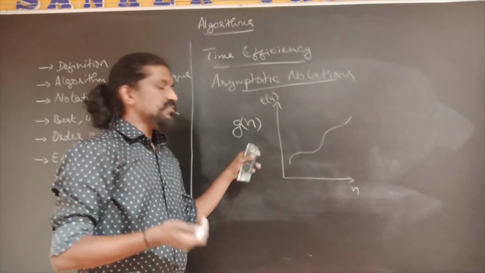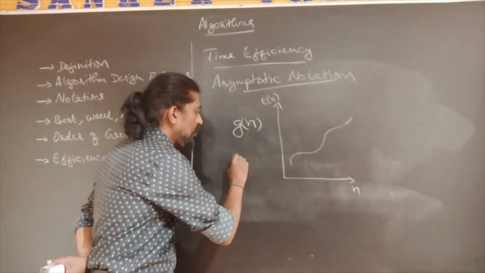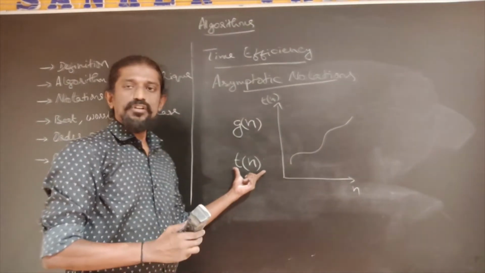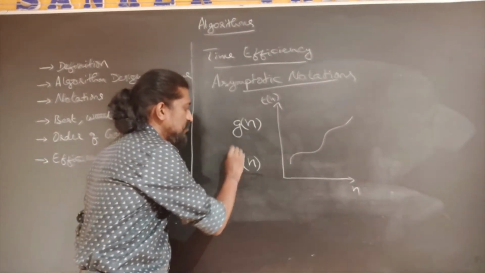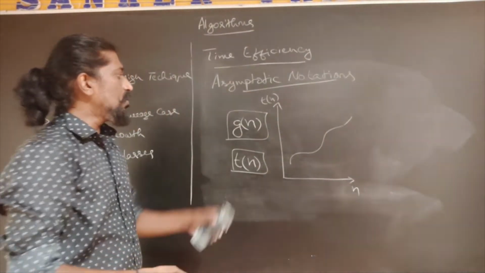What is the comparison of our algorithm with respect to g of n? As I have already told you, the algorithm that we designed, we are plotting it and naming it by a function called t of n. So we need to compare this t of n with this g of n. For doing this, we have notations.